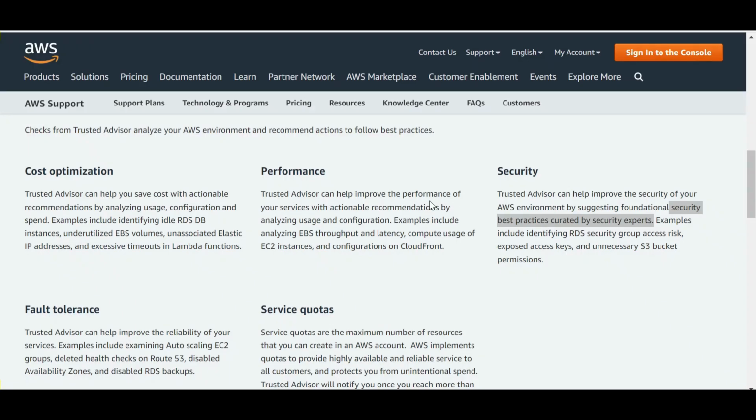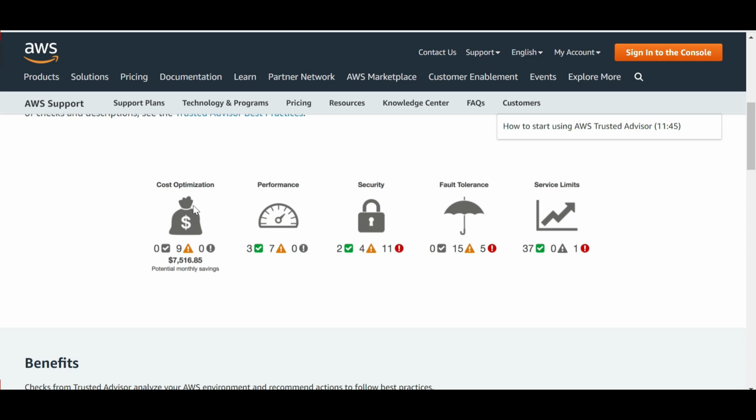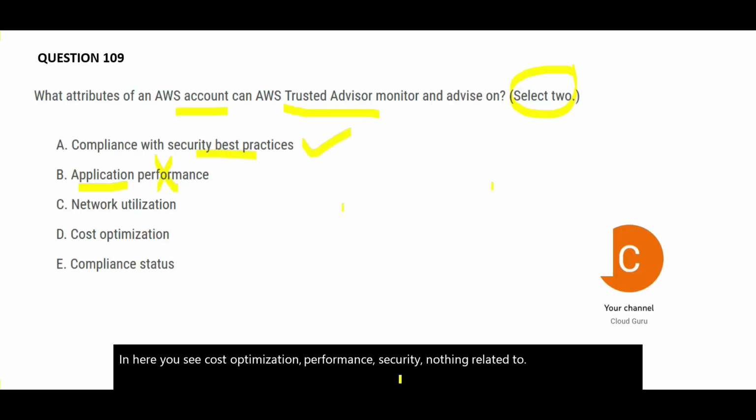If you see here, it helps with performance of your services, not performance of your application. Hence, this is wrong. In here, you see cost optimization, performance, security, nothing related to network. So this is wrong.